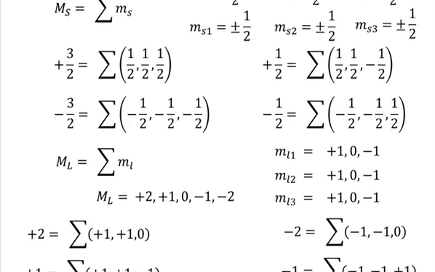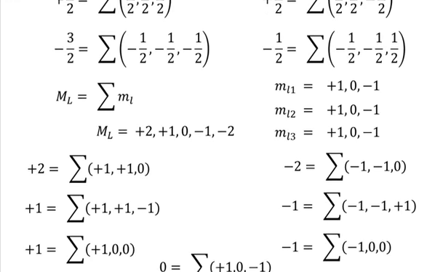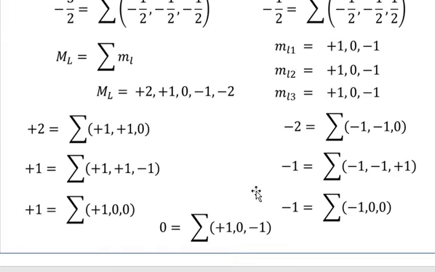Similarly, if you want to construct a capital ML, you can construct it by combining all the ml values. And you know that ML1 is equal to 0, plus minus 1, ML2 is also 0, plus minus 1, ML3 is also 0, plus minus 1.